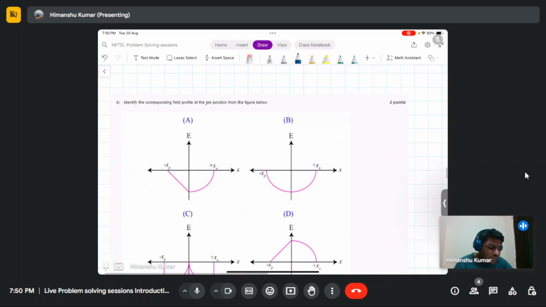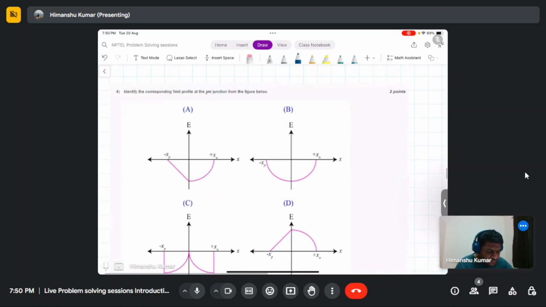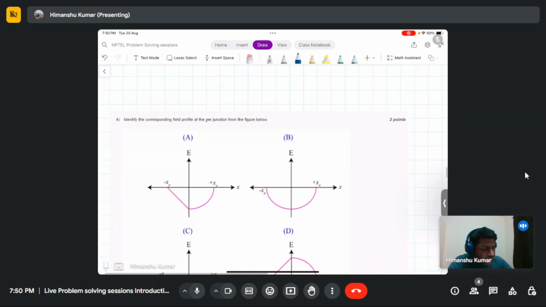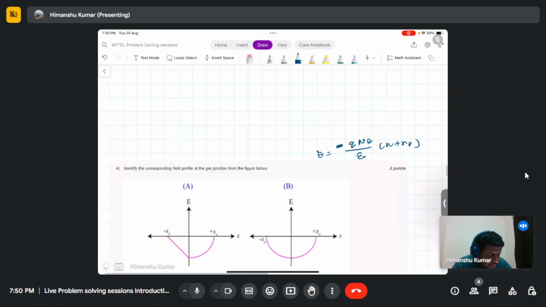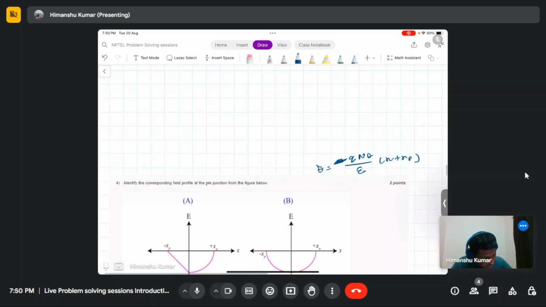Okay, so let's move to the next part. From the integration we got the field profile as q N_A by epsilon times (x plus x_p), where x_p is negative.